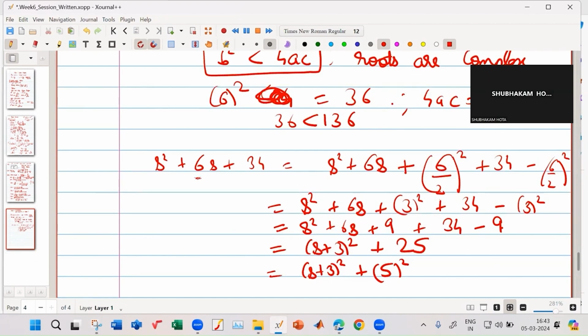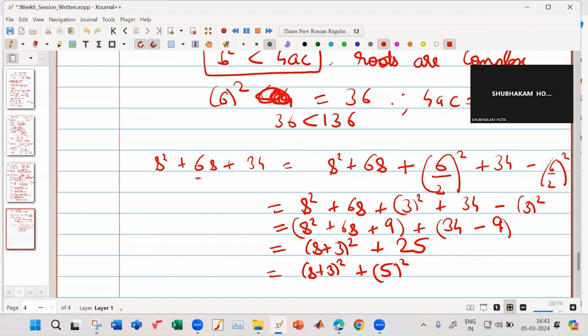If you add something, you have to subtract the same value. So we add (6 upon 2) square and subtract (6 by 2) square. 6 by 2 is 3, so this is 3 square, and this is minus 3 square. This is S square plus 6S plus 9, this is 34 minus 9, then we combine them.